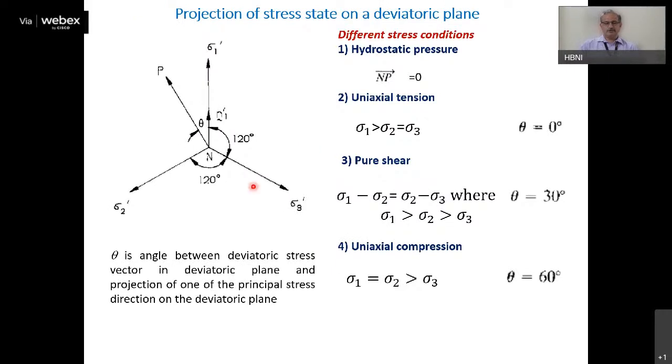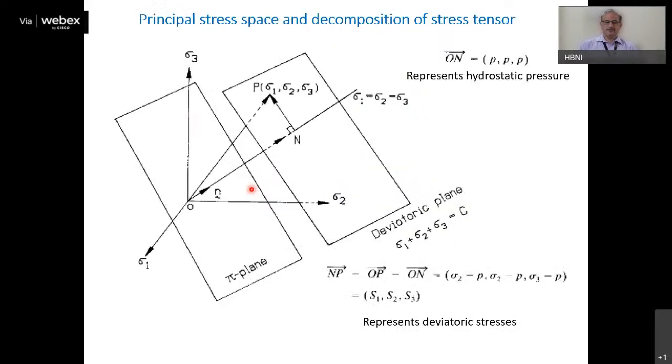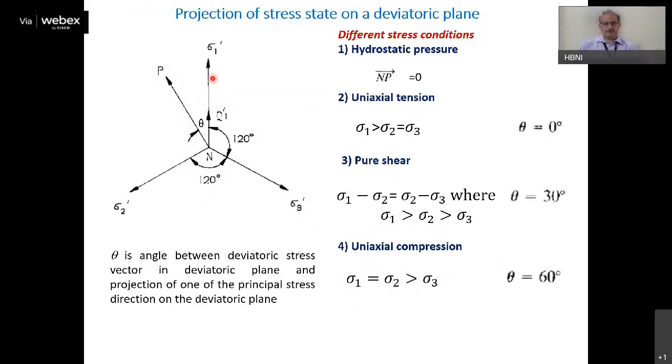As you can see here, if I project these three principal axes, the principal directions of the principal stress components, on this deviatoric plane, I will have these three lines on this plane. And then my deviatoric stress vector will be some vector in some orientation.